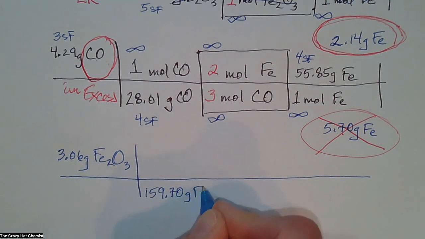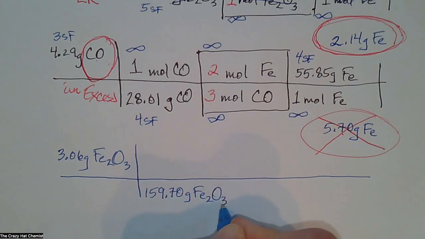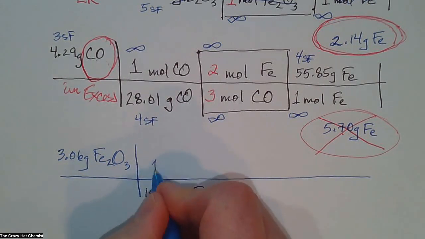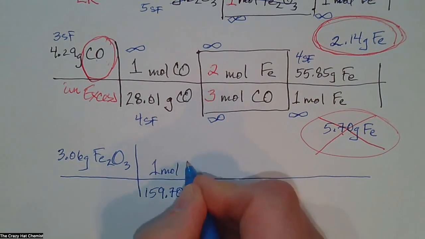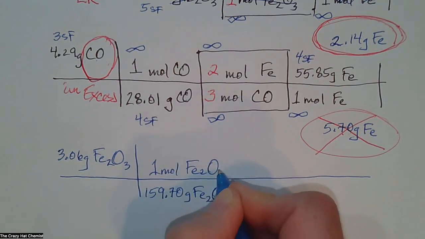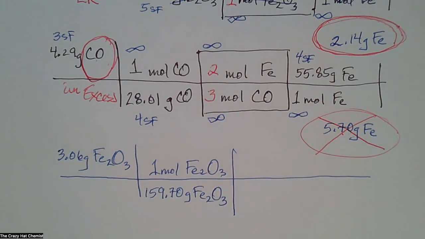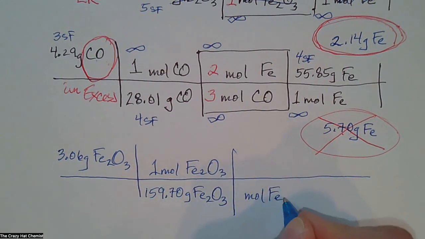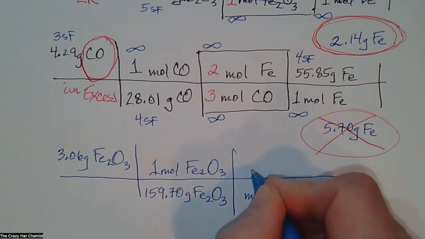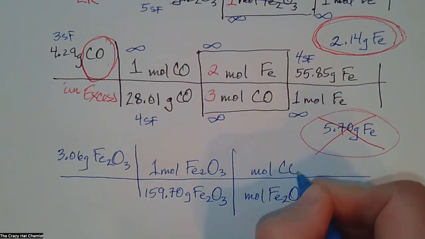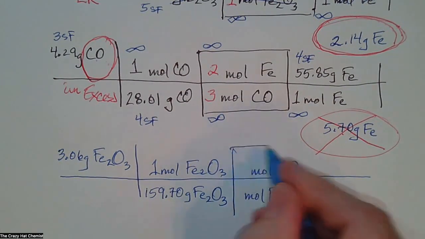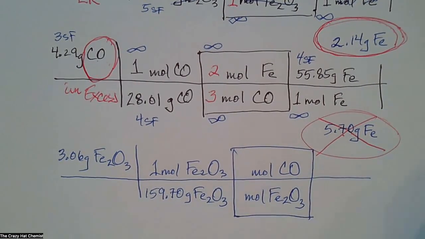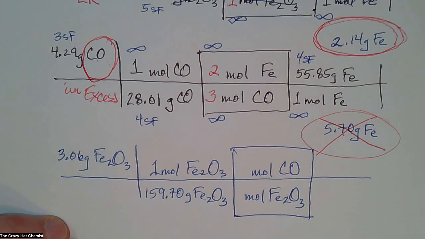159.70 grams of ferric oxide is equal to 1 mole of ferric oxide. Then moles of ferric oxide is equal to moles of carbon monoxide. This is that mole ratio. That's the only time where you can change the formulas.